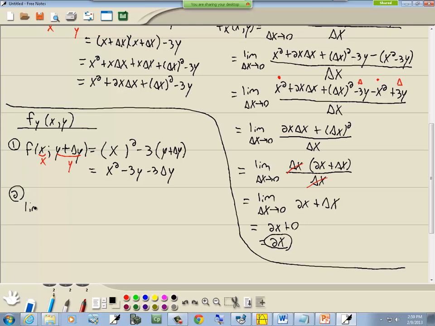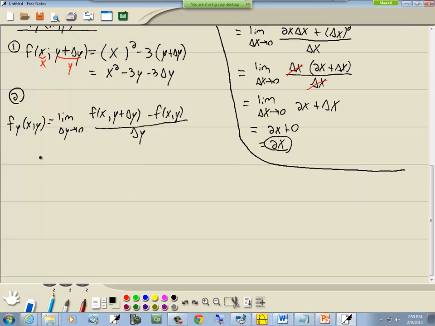And now we're ready to plug in our formula. Okay, so the partial with respect to y is equal to the limit as delta y goes to 0 of f of x, y plus delta y minus f of x, y over delta y.